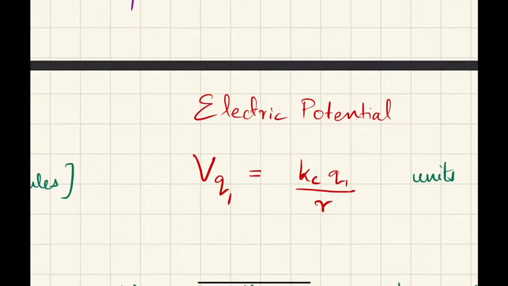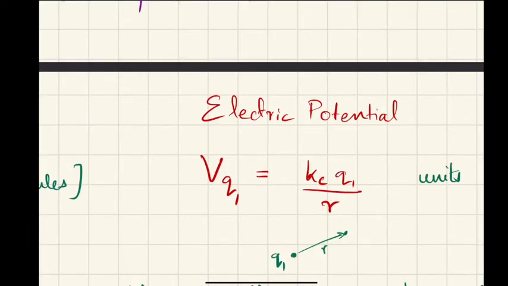Instead, now let's talk about an electric potential. The electric potential, on the other hand, is defined only for a single charge, and we denote it by capital V. For a single point charge, I define the electric potential to be the same Coulomb constant, Kc, multiplied by the charge Q1 and divided by r. Here r represents the distance from some point in space.